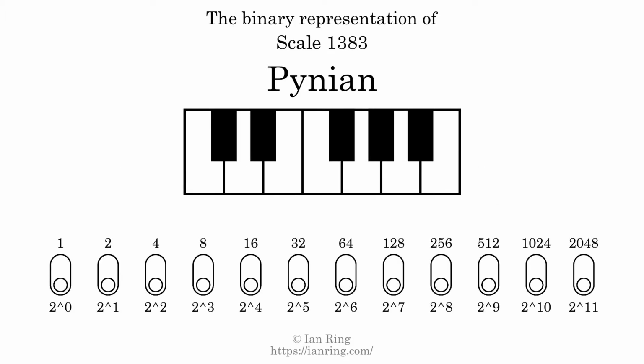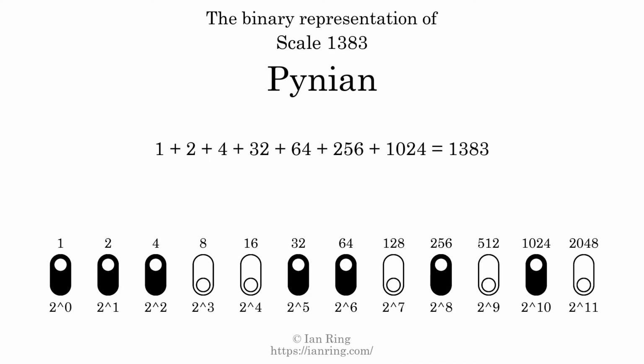The binary representation of this scale is determined by mapping tones of the scale to binary digits. Each binary digit represents a power of 2. To get the scale number, we add the powers of 2 together. The powers of 2 that are present in the scale, all added together, equals 1383.